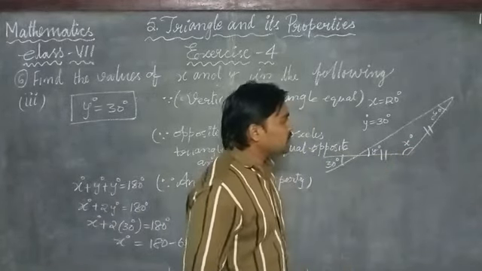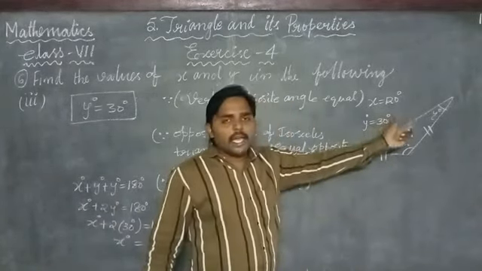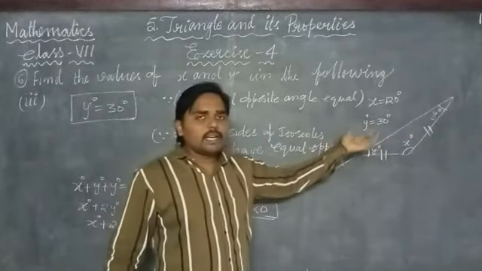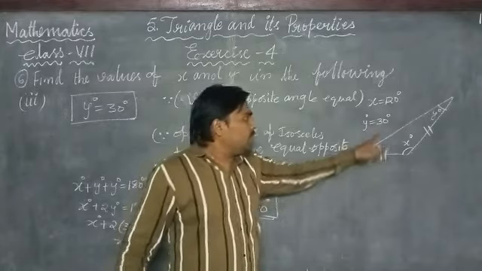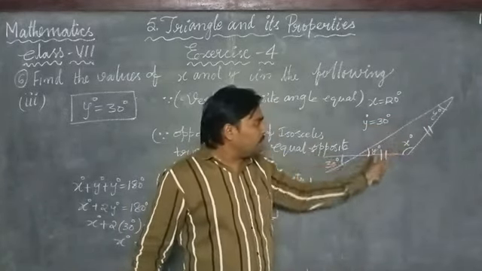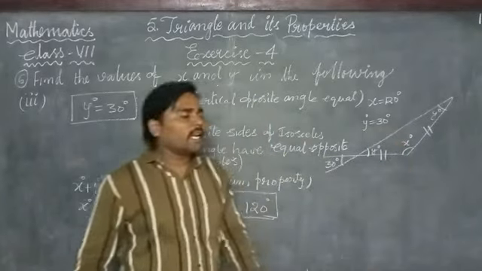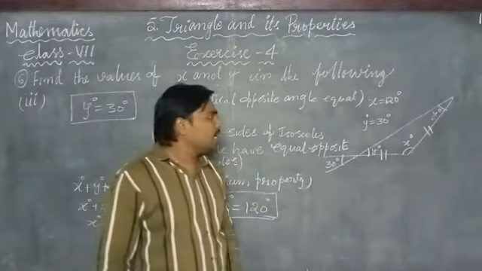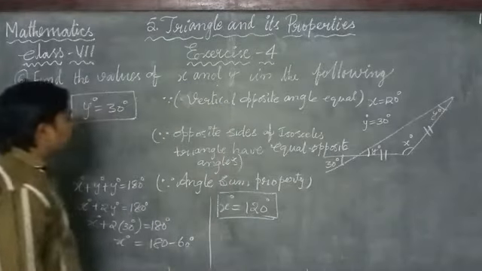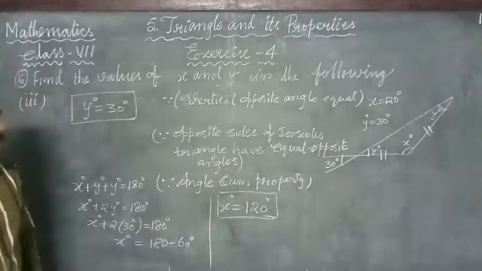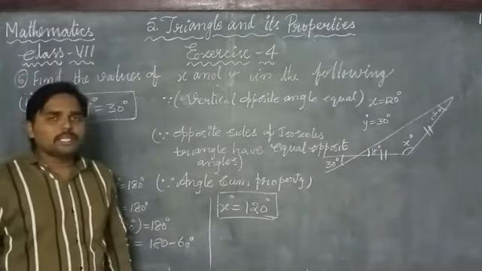From the property of the isosceles triangle, the angles opposite equal sides are equal. So if it is y, then the other angle is also y. We now have the three angles of the triangle. The sum of all angles in the triangle is equal to 180 degrees. By substituting the known value, we can find the unknown value x. Then x equals 120 degrees and y equals 30 degrees.